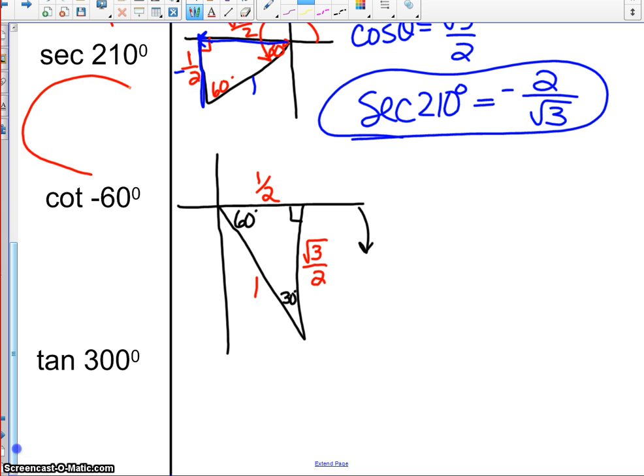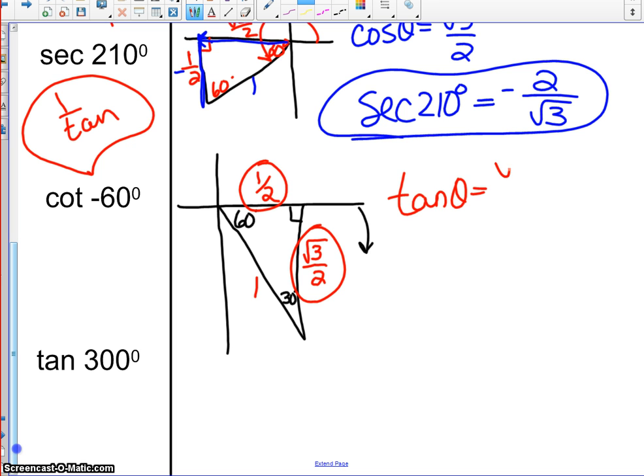Cotangent, thought bubble, should be in your head: 1 over tangent. So first I need to decide what's the tangent of this. Tangent of this angle that I'm talking about is opposite over adjacent. So I need to take square root of 3 over 2 divided by 1/2. How do I divide by a fraction?